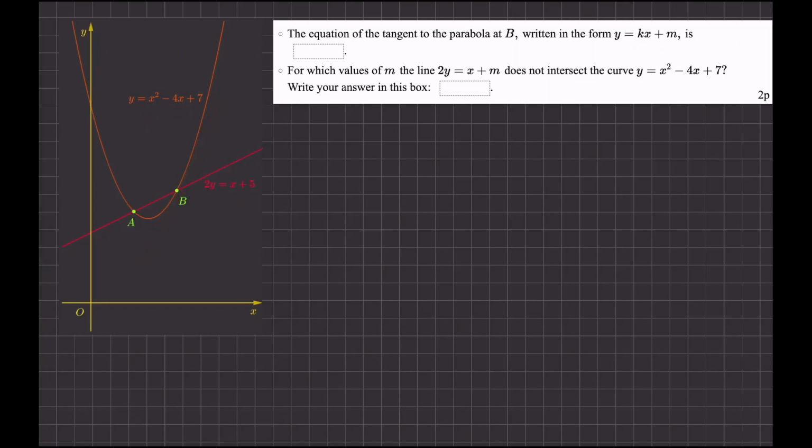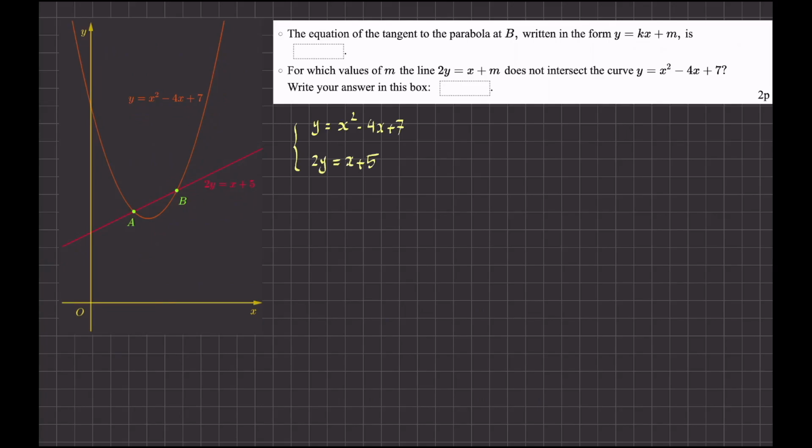But in order to do that, I need to know the point of tangency. How can I find that? It is very simple. I find the intersection point between this line and this parabola. And then, you know, this is the standard way of doing it. You just solve a system. x² - 4x + 7 is one of them, and the other one is 2y equals x + 5.